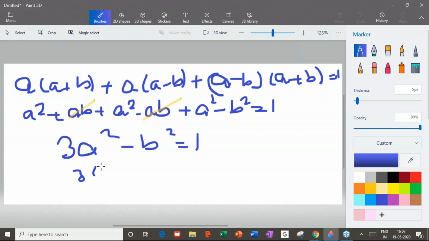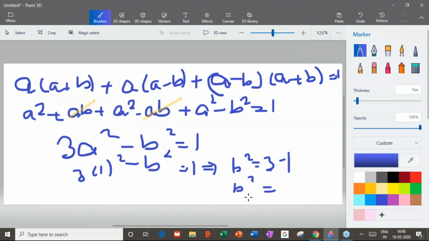So 3 minus b square is equal to 1, or b square is equal to 3 minus 1, b square is equal to 2, or b is equal to plus or minus root 2. Okay, I don't know how you guys got 3.